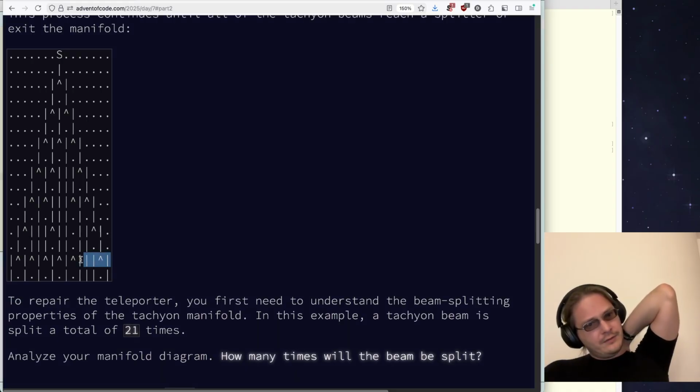So, splitters at this level are just like binary, like the least significant binary digits.